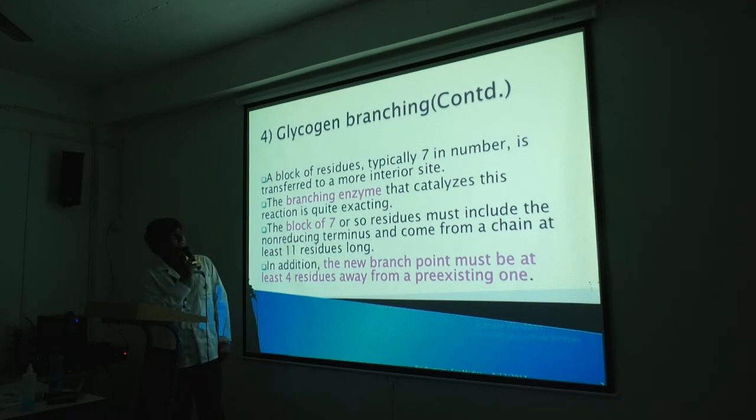The branching enzyme that catalyzes this reaction is quite exacting. The block of 7 or so residues must include the non-reducing terminus and come from a chain at least 11 residues long. In addition, the new branch point must be at least 4 residues away from a pre-existing one.